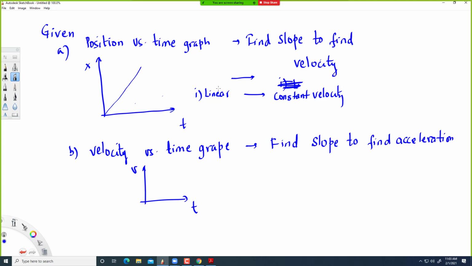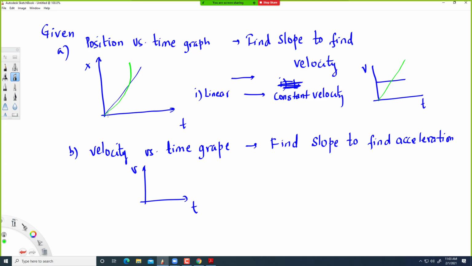For this kind of graph, you will get velocity with a constant value like that. If you have a graph that is nonlinear, something like this, this is quadratic, then you will get a linear graph like that.